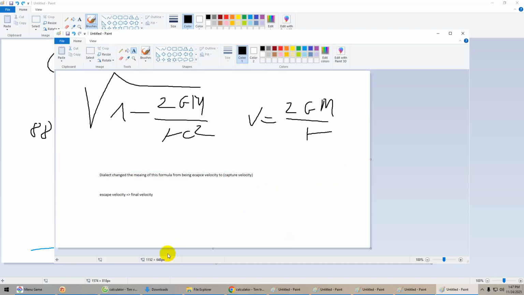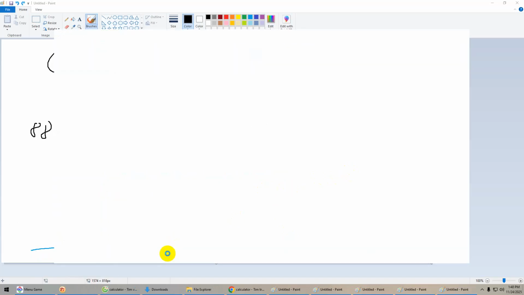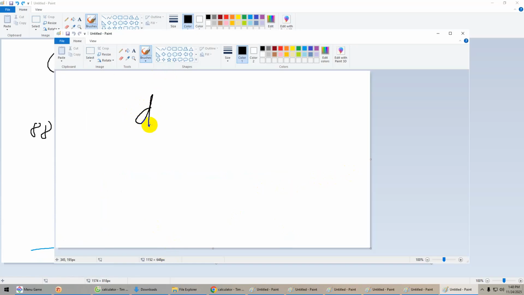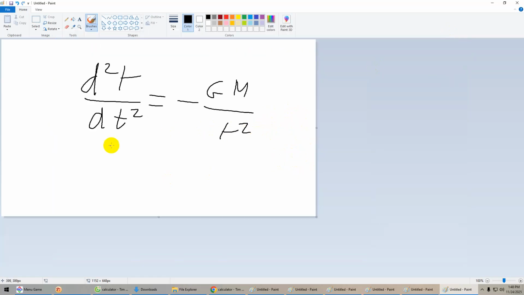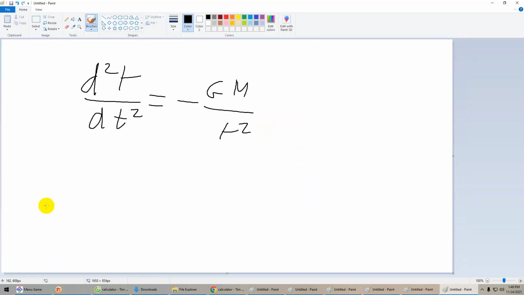How is it possible? Let's solve the Newtonian differential equation for acceleration. So we have the expression here that is equal to negative GM divided by r squared. We can compute a simple integral.